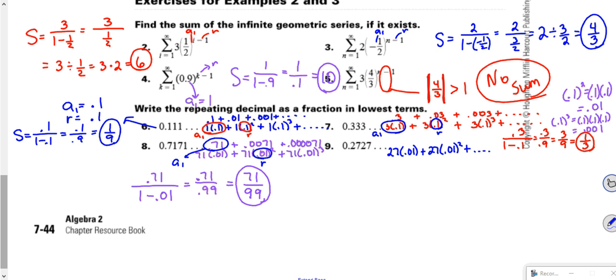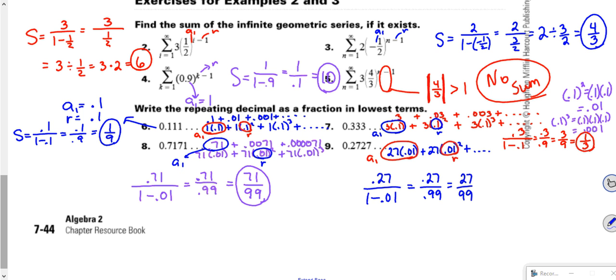So my A1 is this, and of course this again is my R. So 0.27 over 1 minus 0.01. This is 0.27 over 0.99, which is 27 over 99.